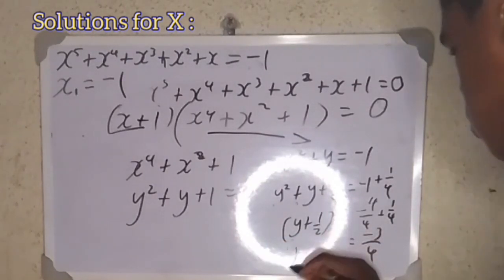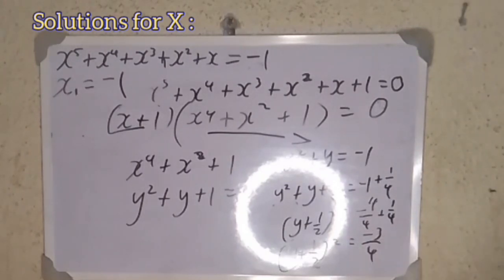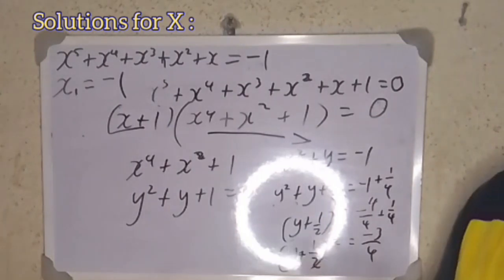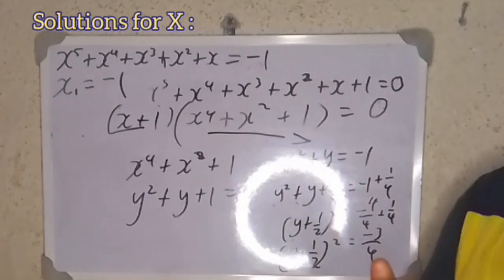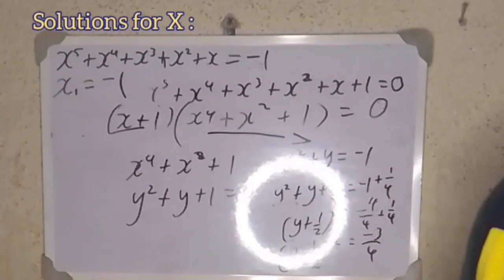So we know that (y + 1/2)² will be equal to -3/4. Now, I'm not going to explain what an imaginary number is because I believe that you already have knowledge of imaginary numbers.